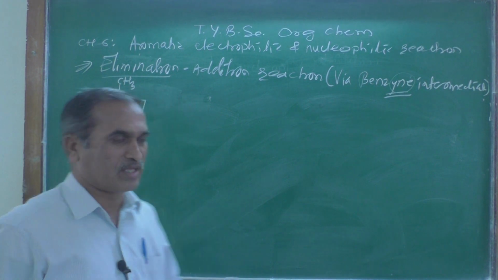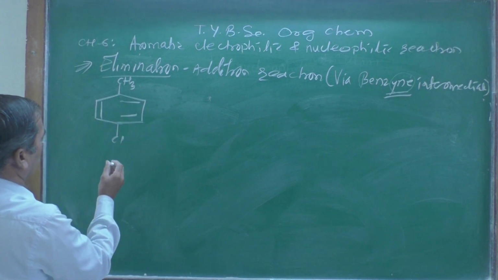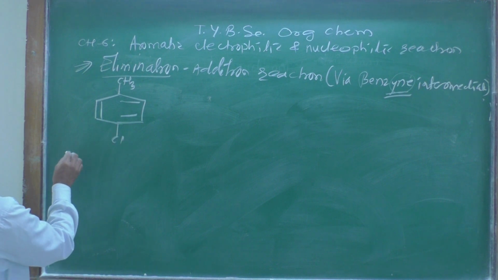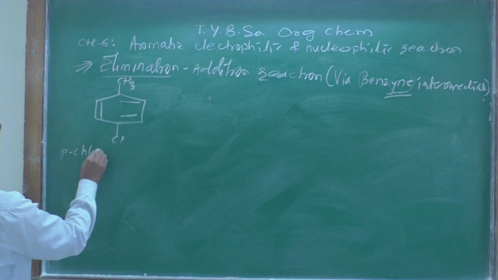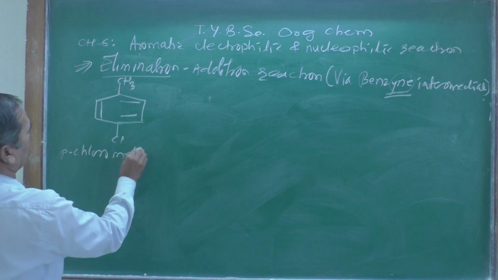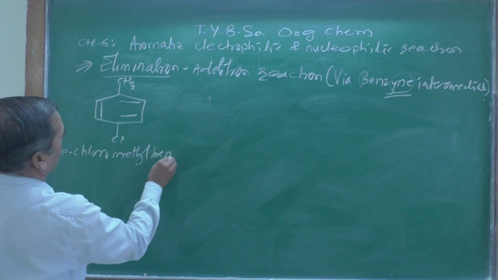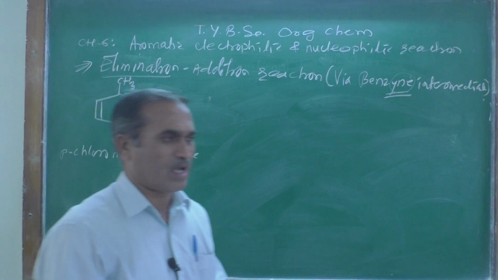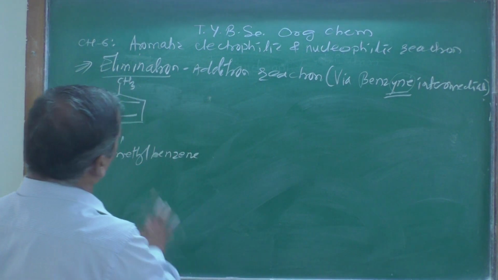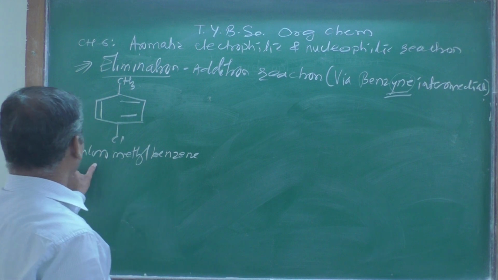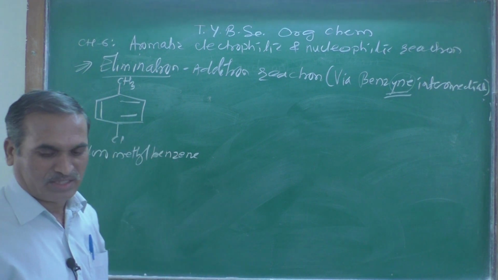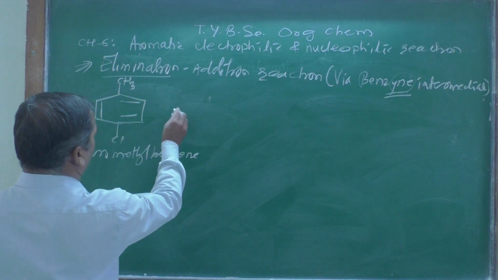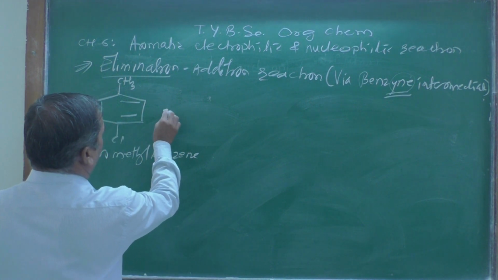What is the IUPAC name of this compound? The name of this compound is para-chloro-methyl benzene, or we can call it para-chlorotoluene, doesn't matter.